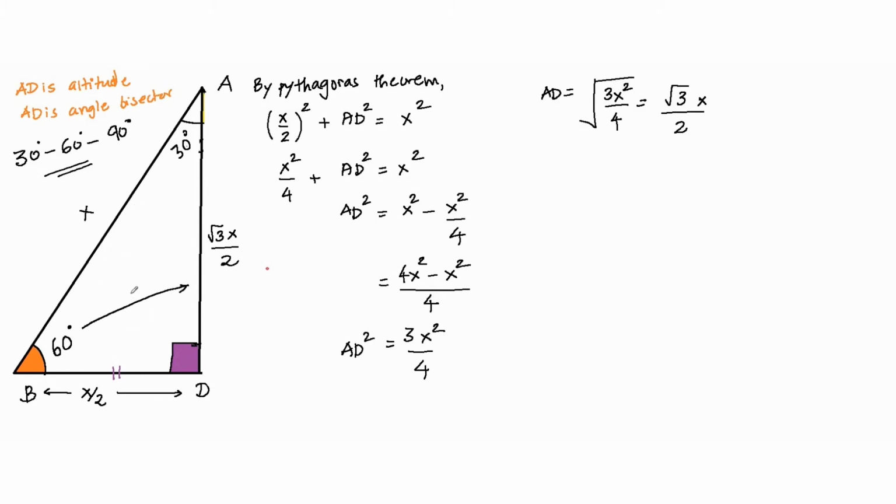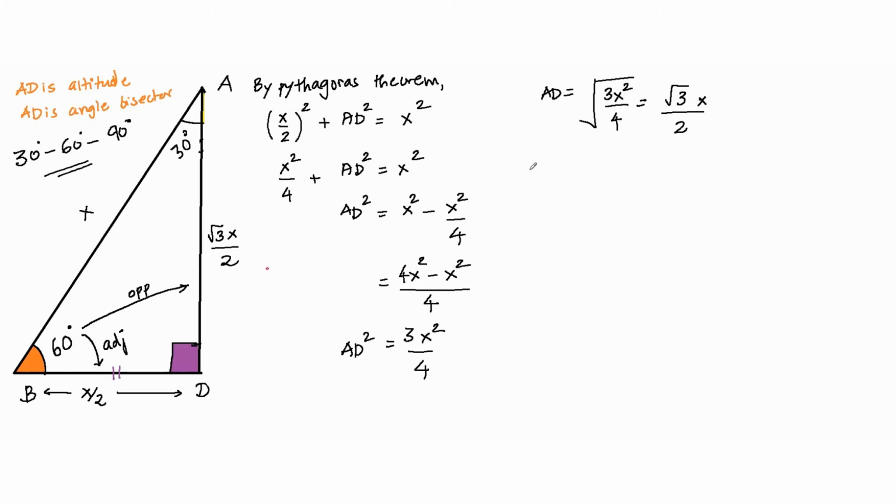So this is the opposite side, and the opposite side to 30 degrees is the adjacent side. The adjacent side to 60 degree is x by 2. So with respect to 60, the opposite side is root 3x by 2, and the adjacent side is x by 2, and x remains the hypotenuse.